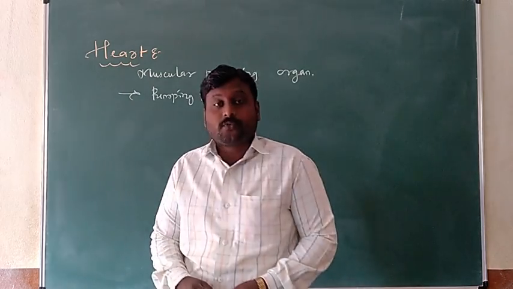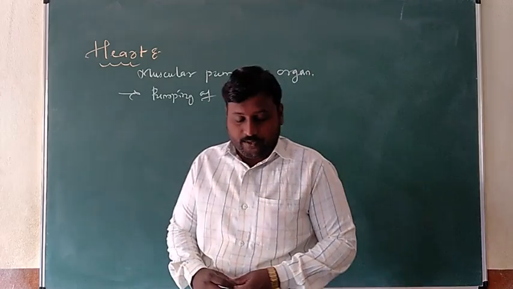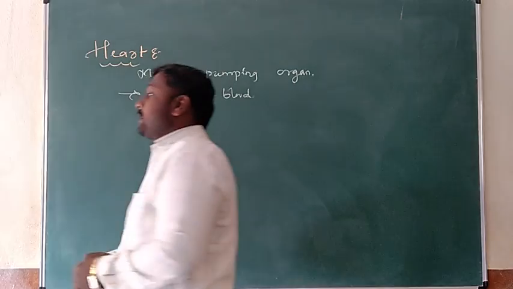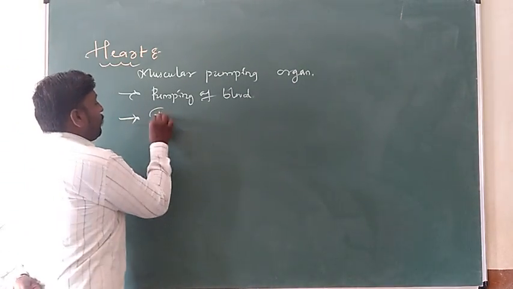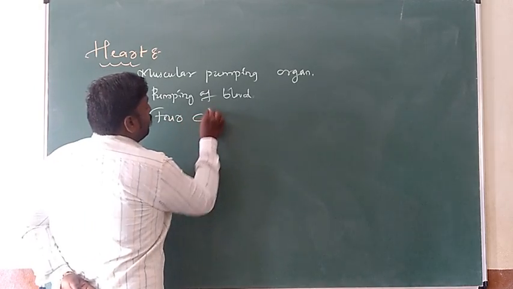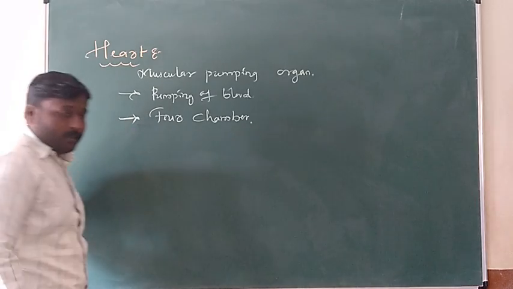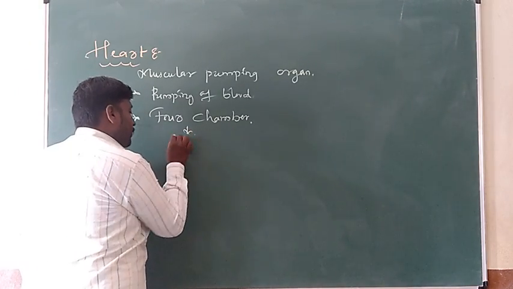The human heart is four-chambered. How many chambers? Four chambers. Its four different chambers are meant to prevent the mixing of oxygenated and deoxygenated blood.